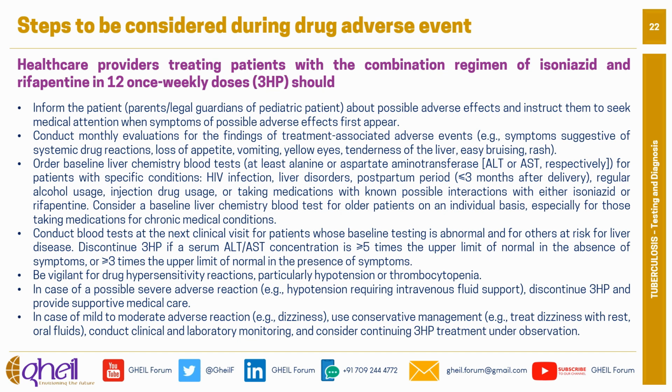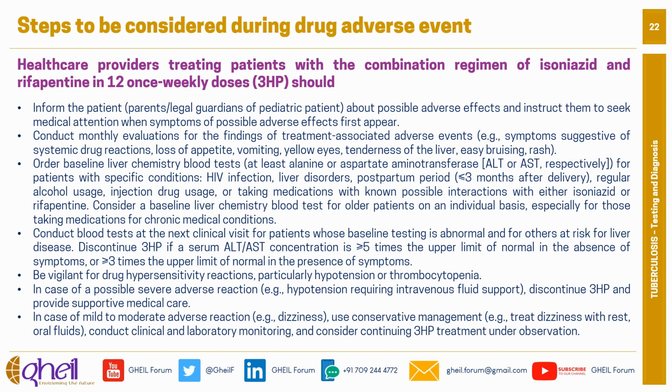Discontinue 3HP if a serum ALT or AST concentration is greater than or equal to 5 times the upper limit of normal in the absence of symptoms, or greater than or equal to 3 times the upper limit of normal in the presence of symptoms. Be vigilant for drug hypersensitivity reactions, particularly hypotension or thrombocytopenia.